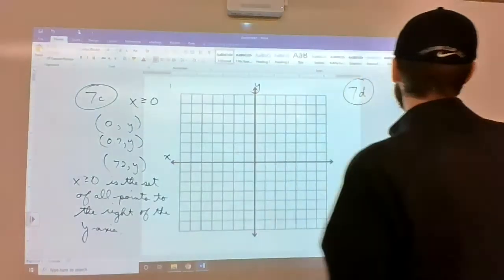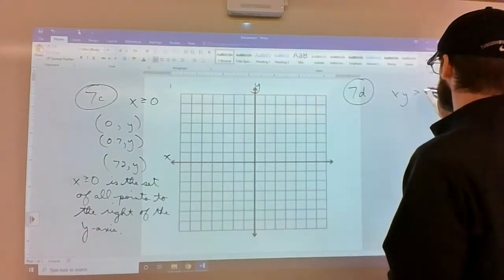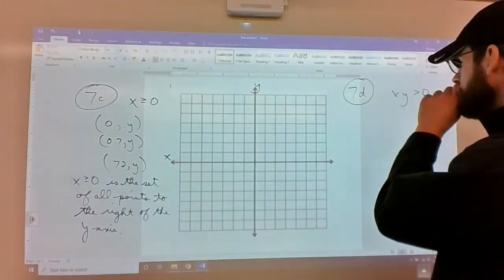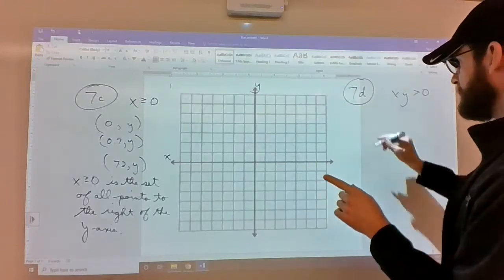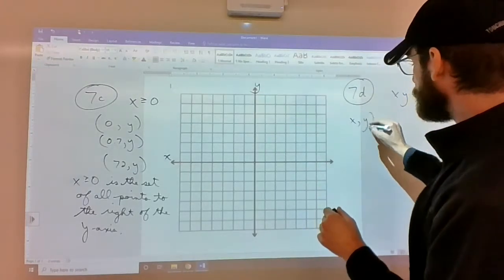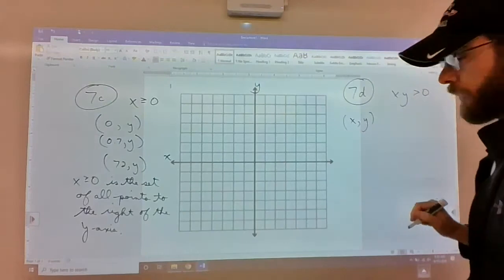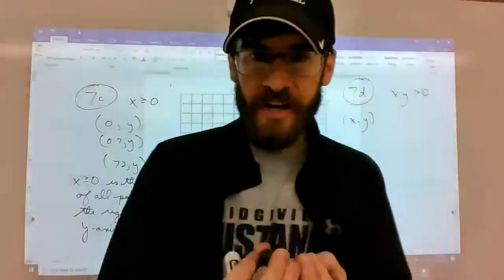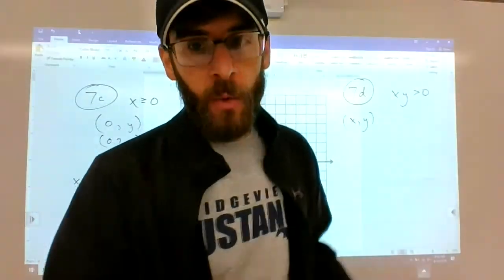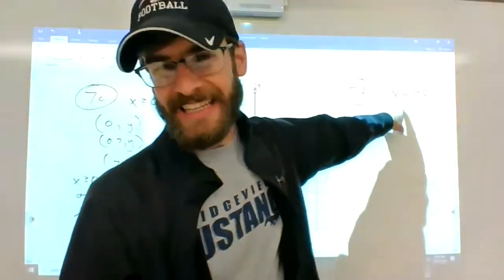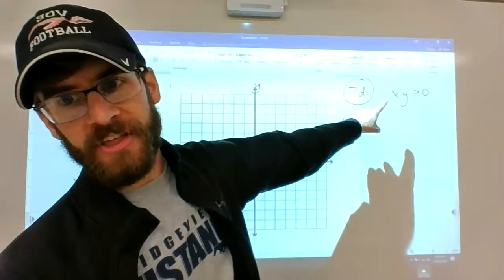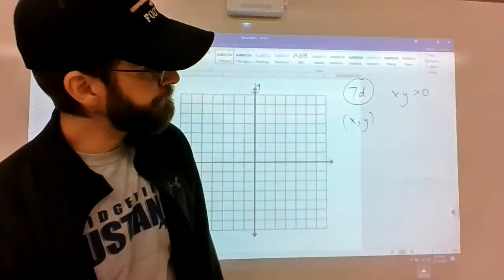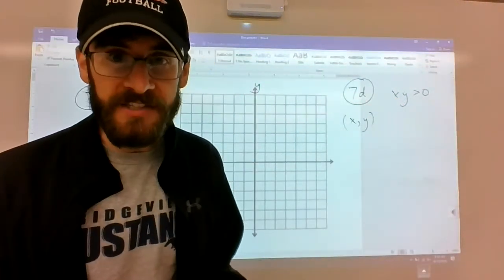Okay. So when you think about that, it's sort of like saying, take the x-coordinate and multiply it by the y-coordinate. What kind of products, the result of multiplication, what kind of products would yield a number that's bigger than 0? Well, a positive times a positive is bigger than 0.